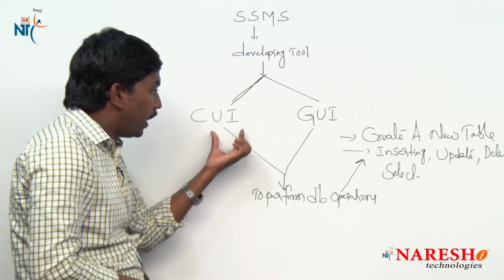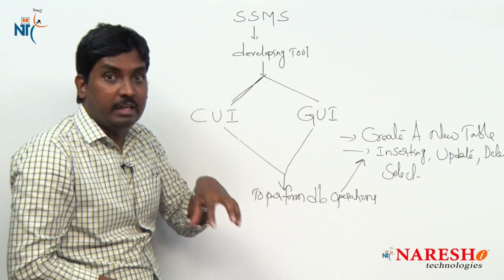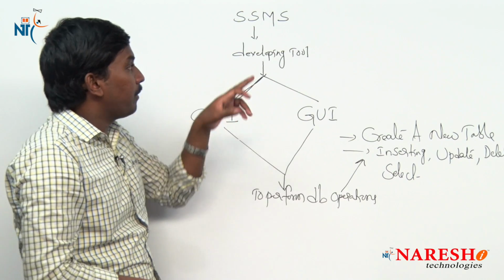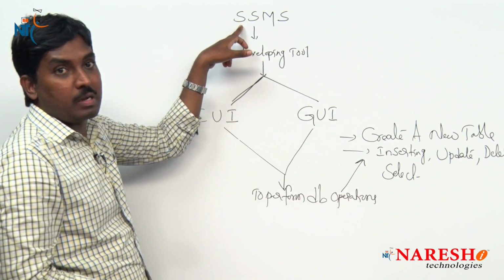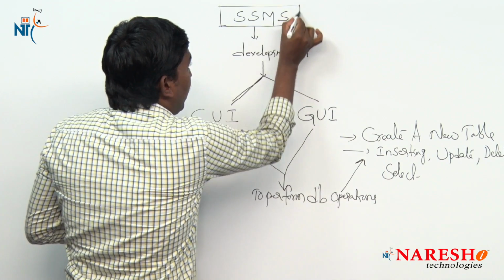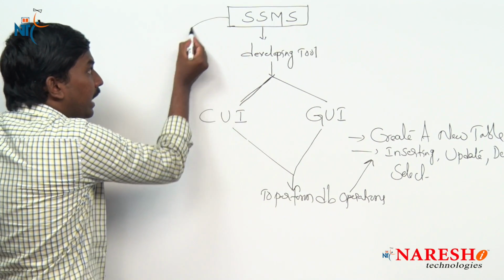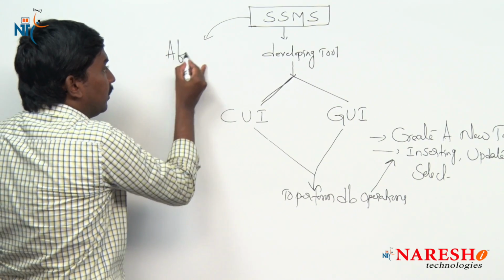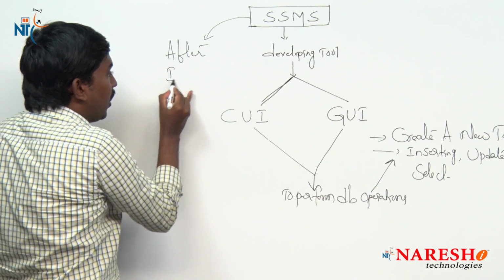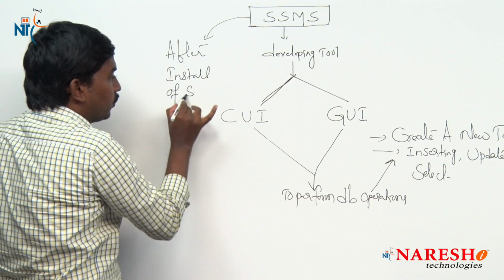But these two environments, CUI and GUI, are provided by which tool here? Our SSMS tool. This SSMS tool provides two environments, CUI and GUI. You get this tool after installation of SQL Server.